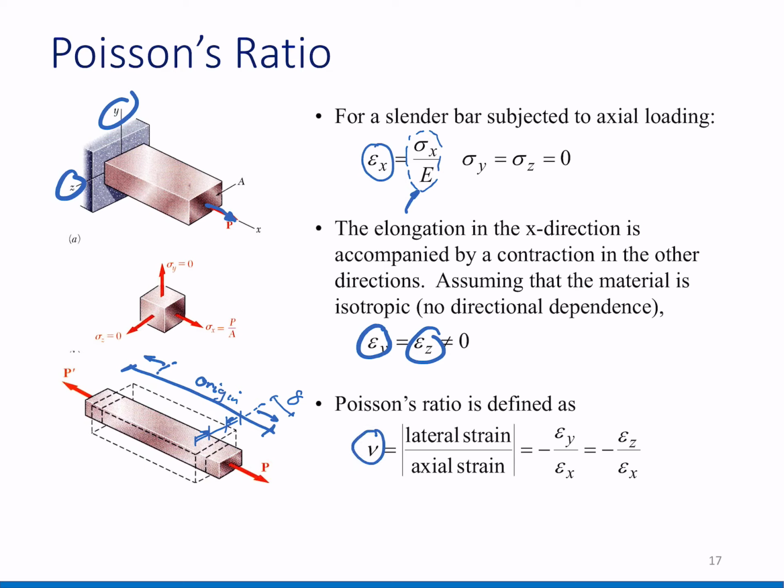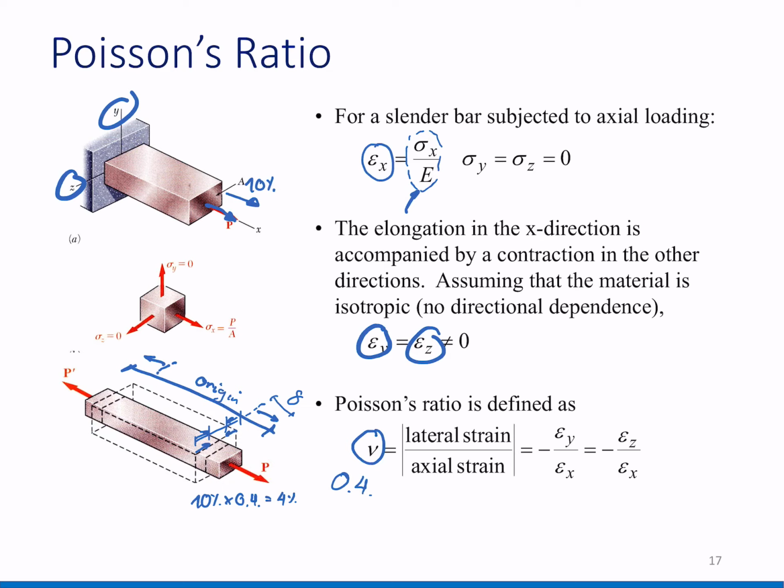It means, for example, if the Poisson ratio is 0.4, when this one is expanding by 10%, the other directions, for example the Poisson ratio on the y-axis, will shrink by 10% times 0.4, equal to 4%, meaning that the other direction will shrink by 4%.